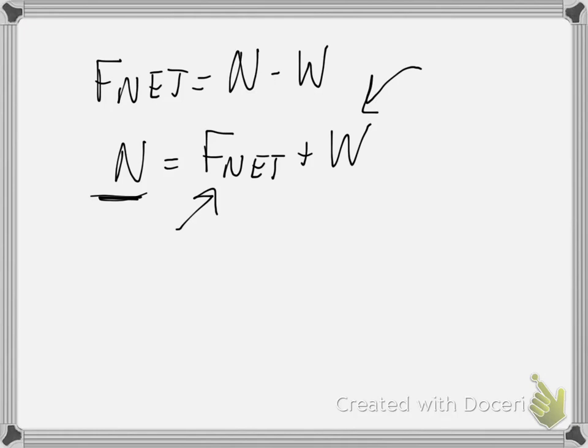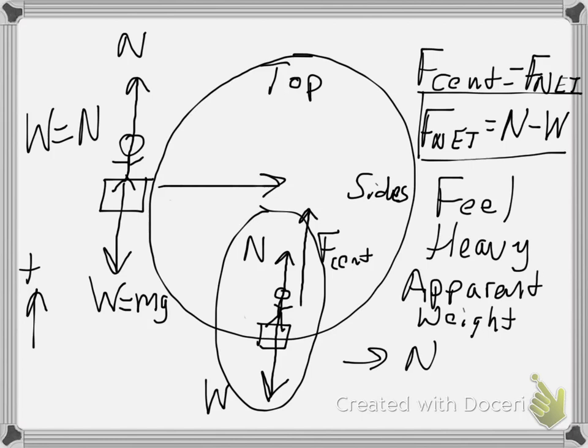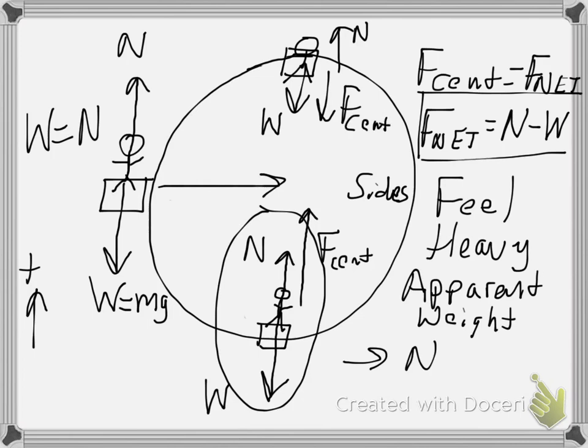At the top, okay, at the top, if we have our cart, then we'll have our normal force upward and our weight downward, as well as the centripetal force downward. Okay?